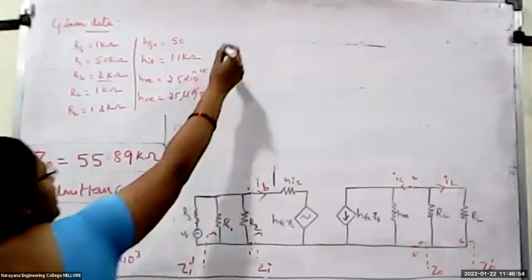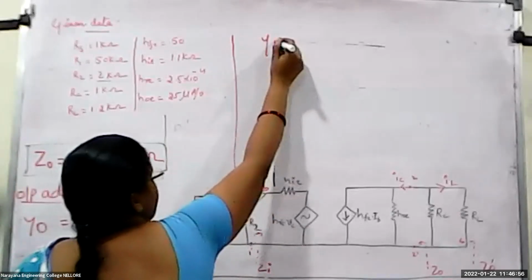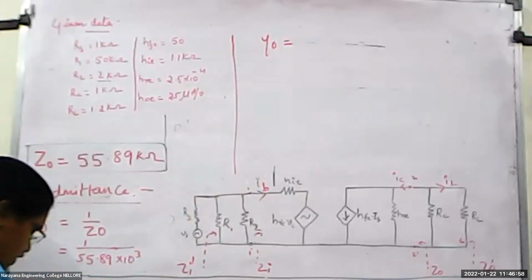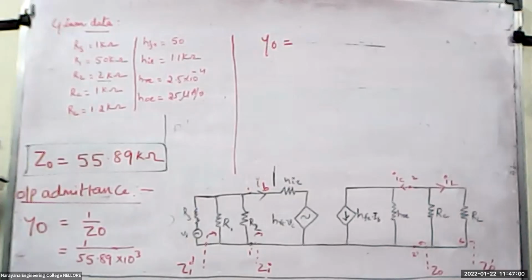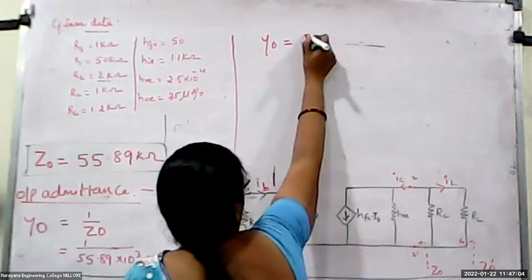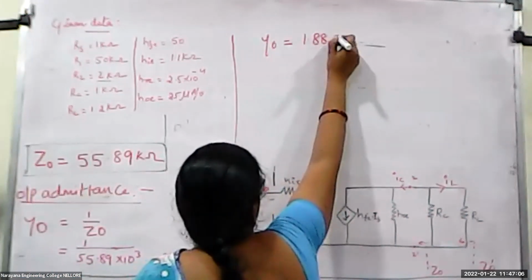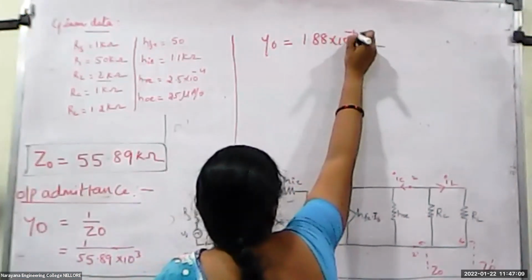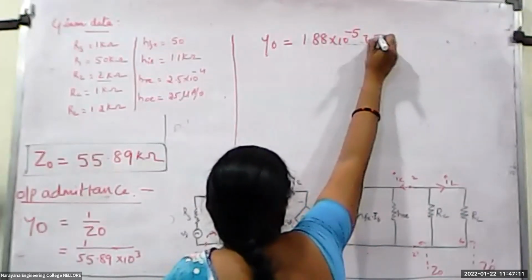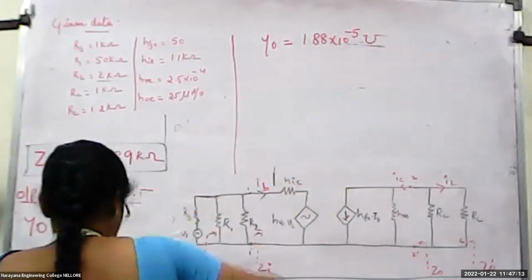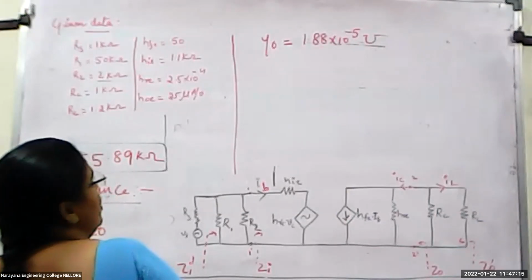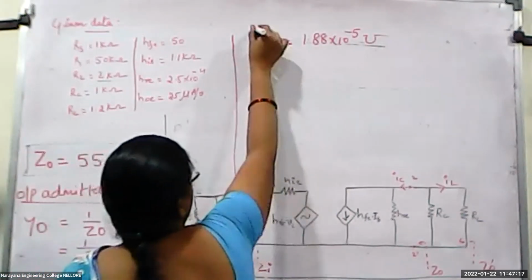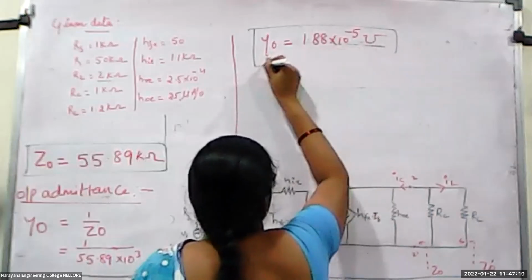Y naught is nothing but the inverse of Z naught. 1.88 into 10 to the power of minus 5. Units are Siemens. So this is output admittance.